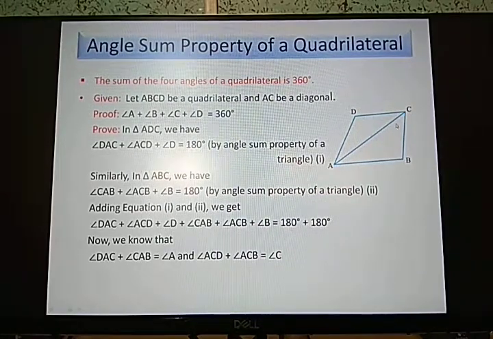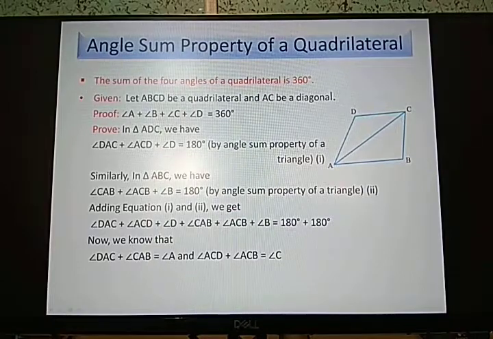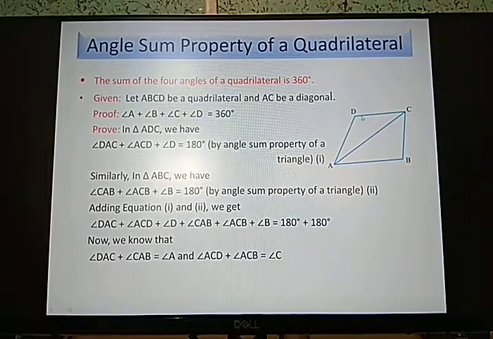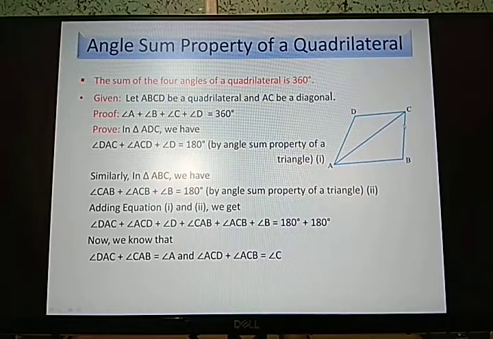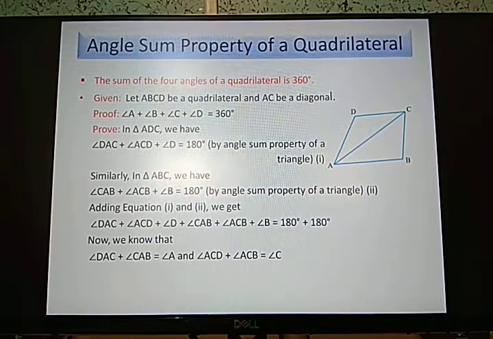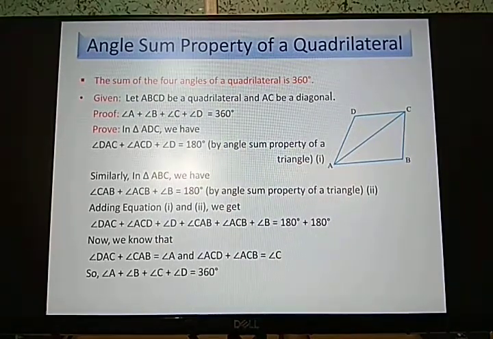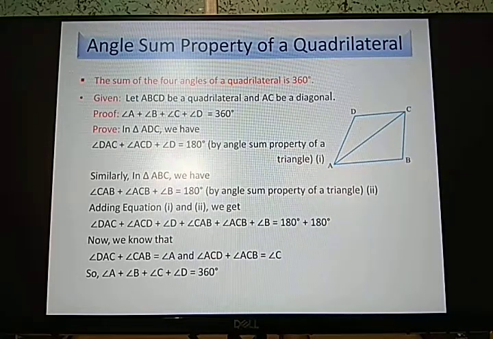Similarly, angle C is divided into two angles, angle ACD and angle ACB. If we add these two, we will get angle C. Clear? So after pairing them, we can arrange the whole thing in a much simpler way, and we will get angle A plus angle B plus angle C plus angle D is equal to 360 degrees.